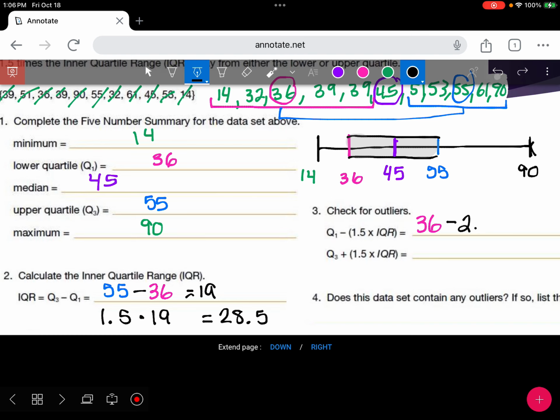That is a trash 8. We're going to fix that. There we go. 28.5. Do we have any data points that are smaller than 7.5? No. So since we do not have any data points smaller than 7.5, we have no small outliers.